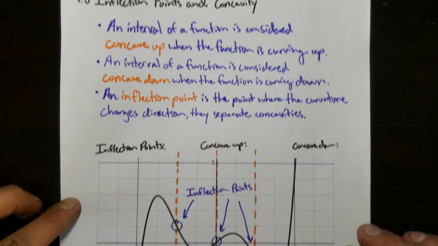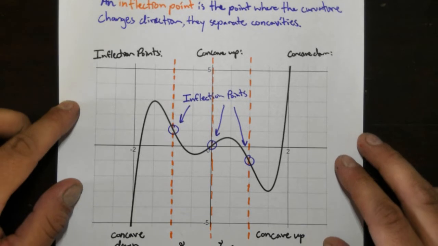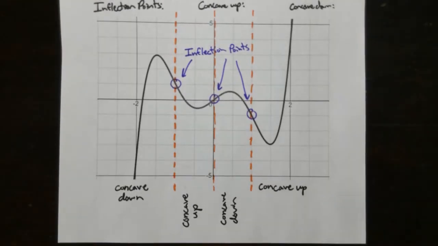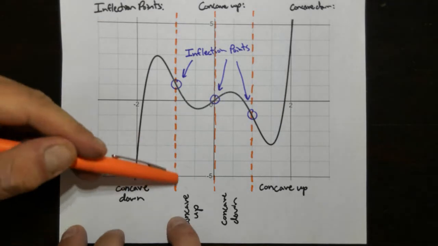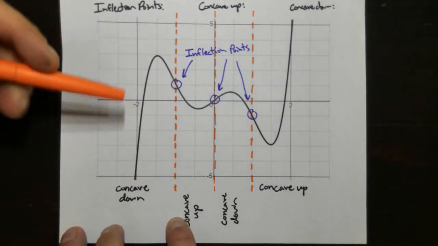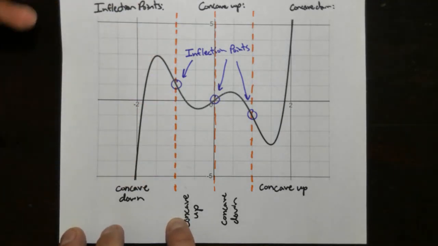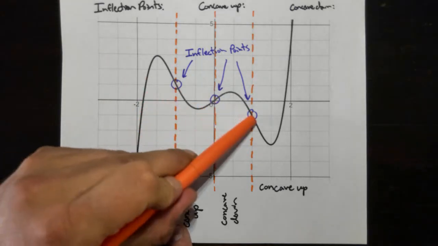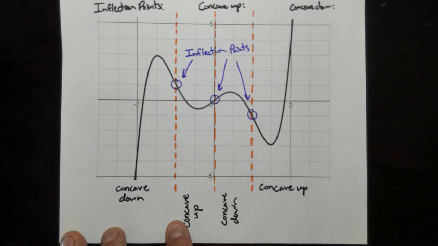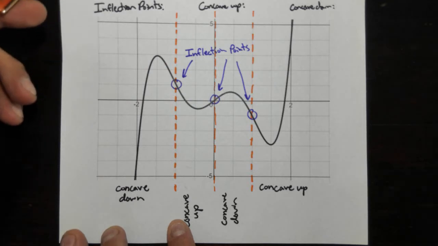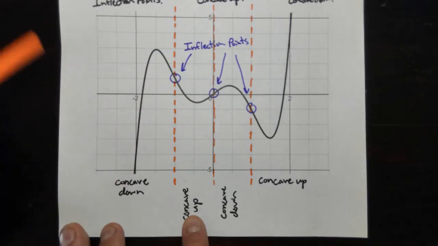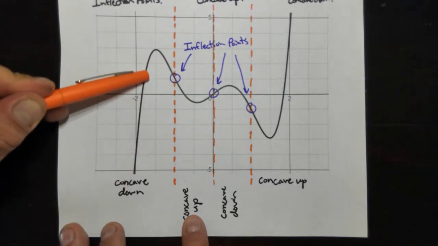So here I have graphed a function, and the orange dotted lines here are separating where it's concave up from where it's concave down. Notice that I have inflection points right here at those separation marks. Let's take a look at this first section on the left. Notice how it's concave down.